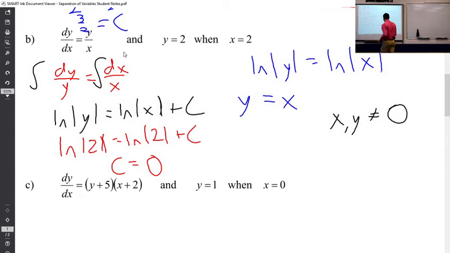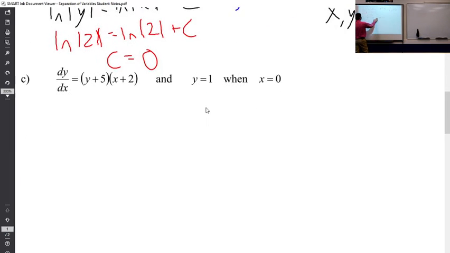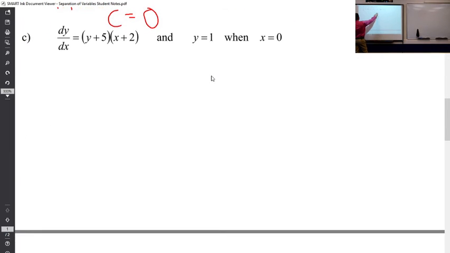Right, we'll look at one more here today, and then we'll be done. This one's tougher. dy over y plus 5 equals x plus 2 dx. I didn't need to move the x plus 2, so it stayed on top.